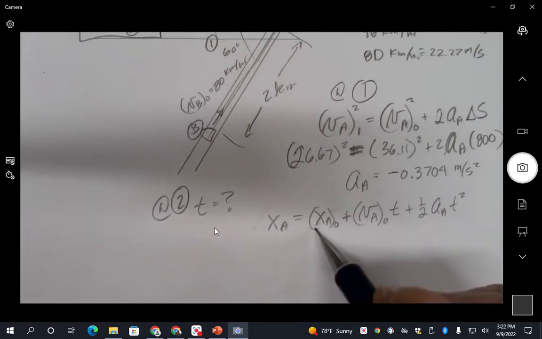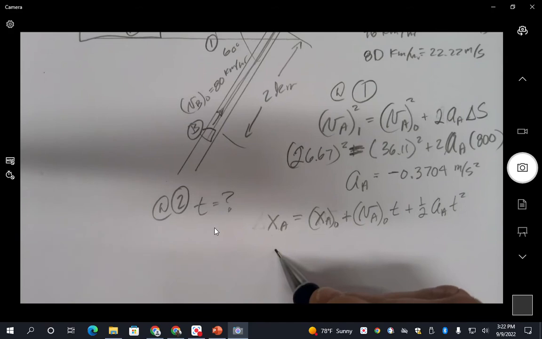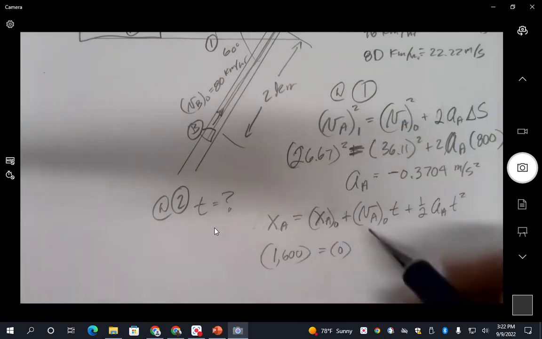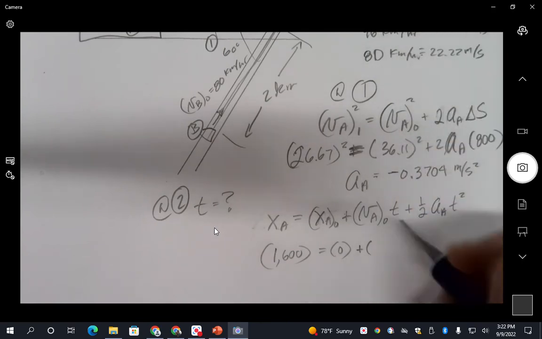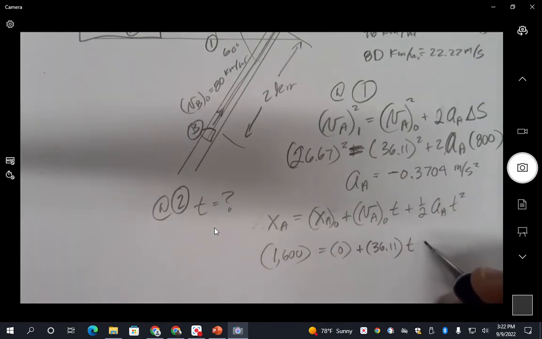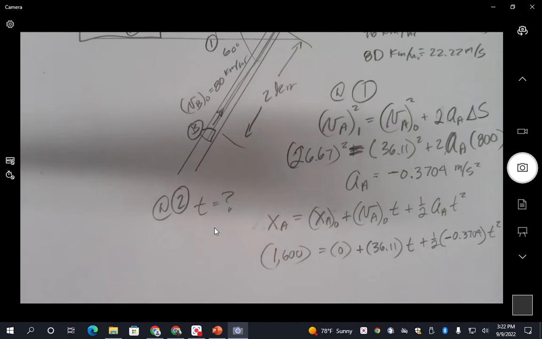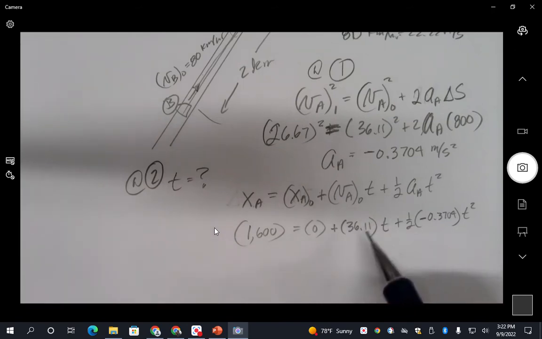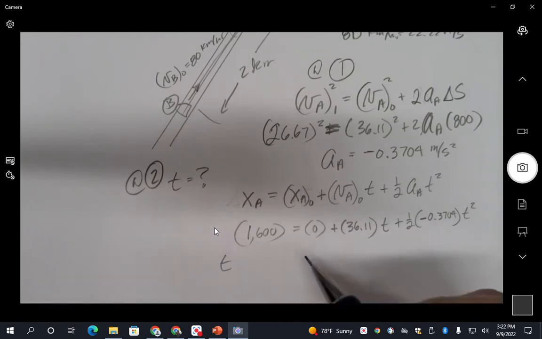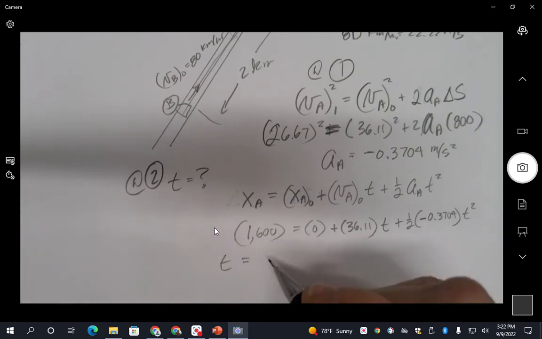So this is going to be our 1,600 equals, we'll say that starts at 0, plus our 36.11 times our time plus 1/2 times minus 0.3704 times t squared. And then we do our quadratic equation, and we would find the time when that happens.